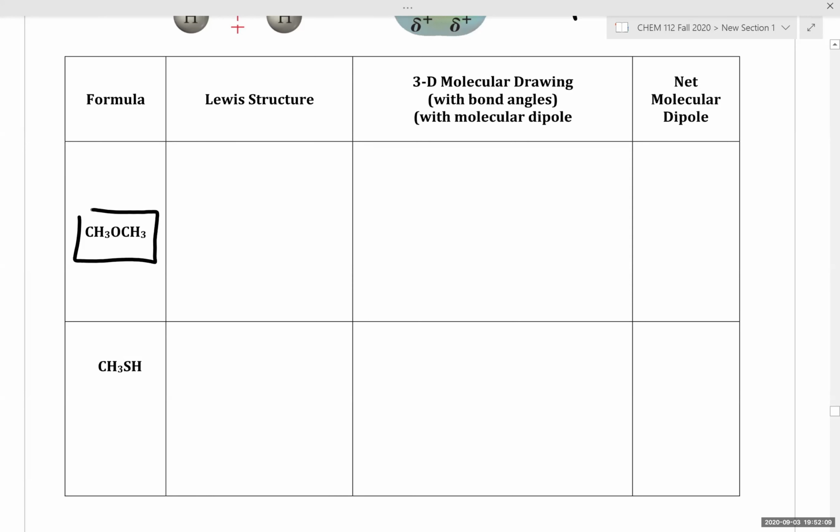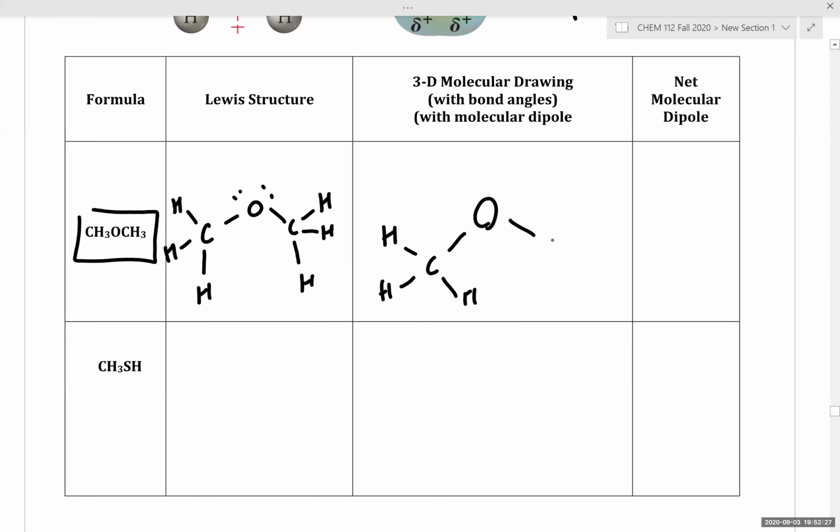For CH3OCH3, this is dimethyl ether. Not very commonly handled in the laboratory because it's super volatile. Now, I'm going to make sure to draw this structure respecting the fact that oxygen is bent and each of my carbons are tetrahedral.